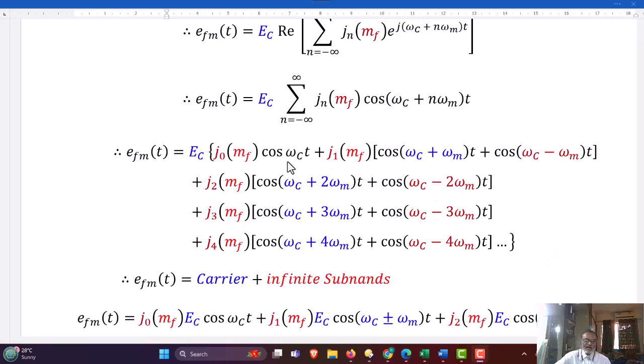So ultimately there are so many sinusoidal signals. So ultimately the frequency modulated signal consists of one carrier component and an infinite number of sidebands. And the sideband frequency can be ωc + nωm or ωc − nωm.